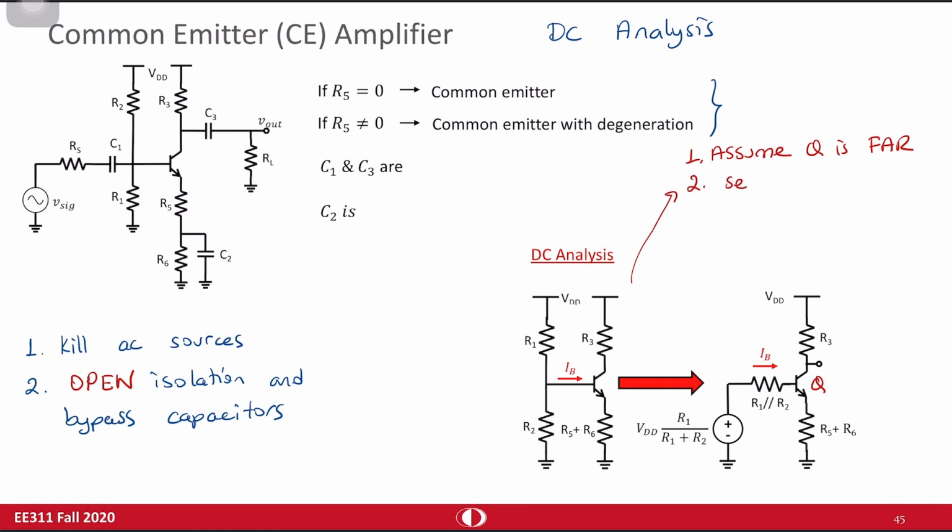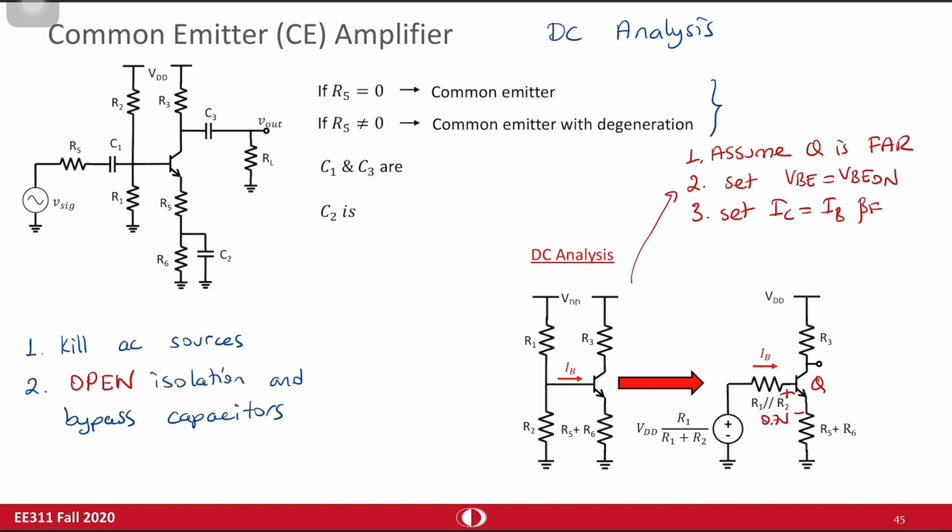Second, set VBE equal to VBE on, which is like 0.7 volts. The third thing is set IC equal to I base times beta F.